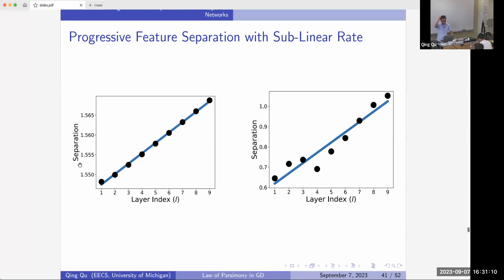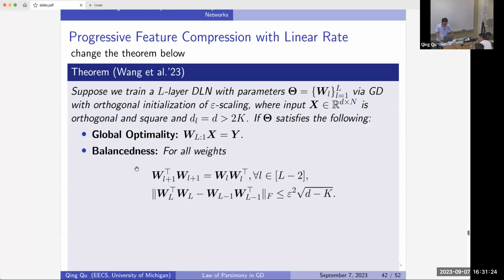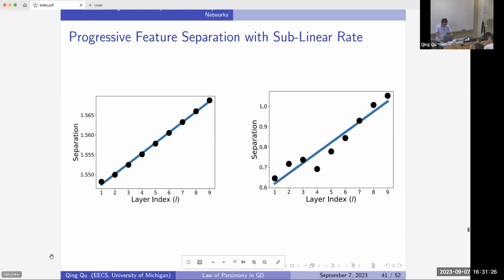And this figure is showing you the feature separation. And you can see that actually this feature separation. So am I using the right slide? Sorry, I think I'm using the wrong slide. Sorry, wait a second.